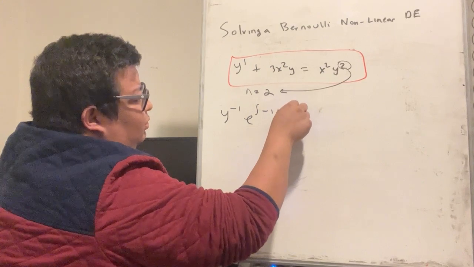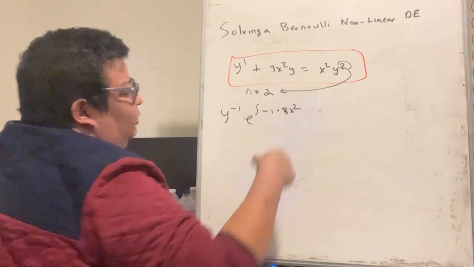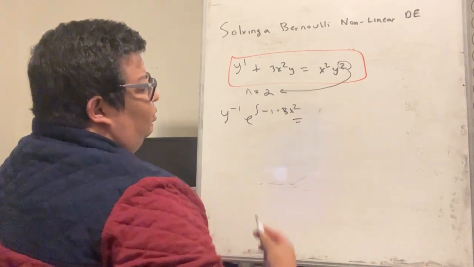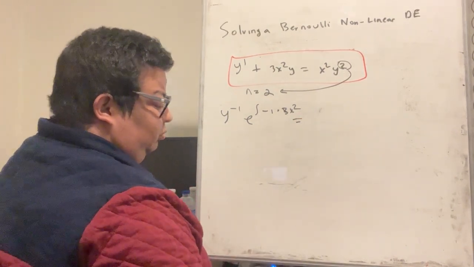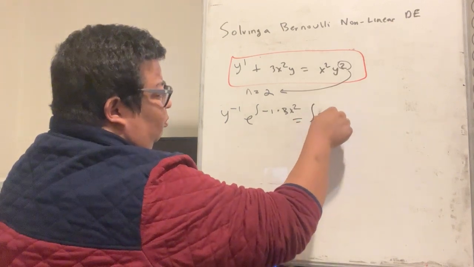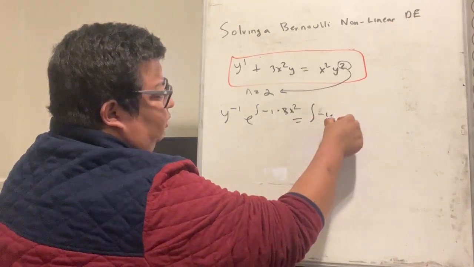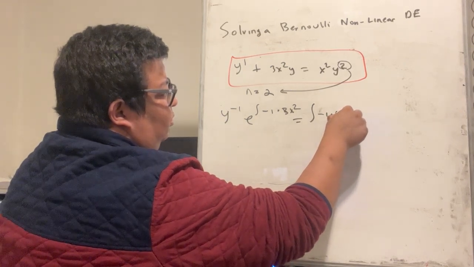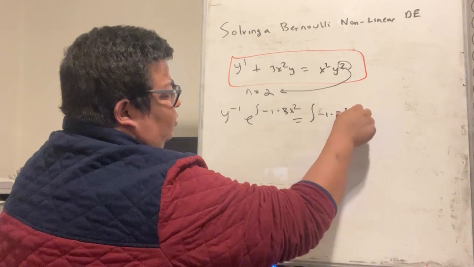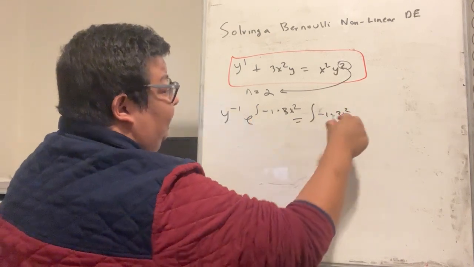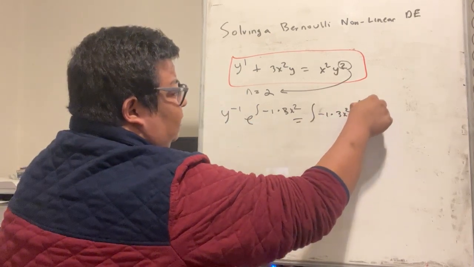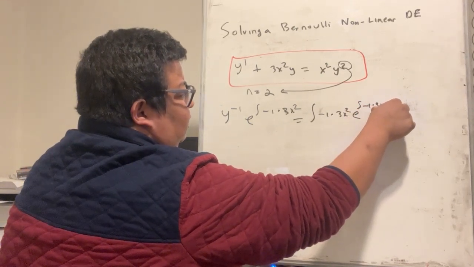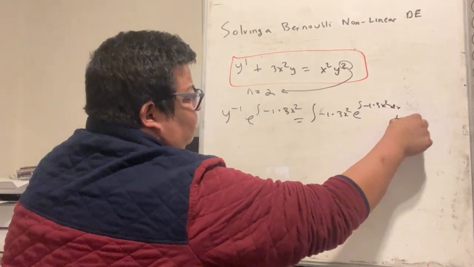That is equal to, minus 1 because 1 minus n, times q(x), times the integrating factor e to the integral of minus 1 times 3x squared dx, plus c.